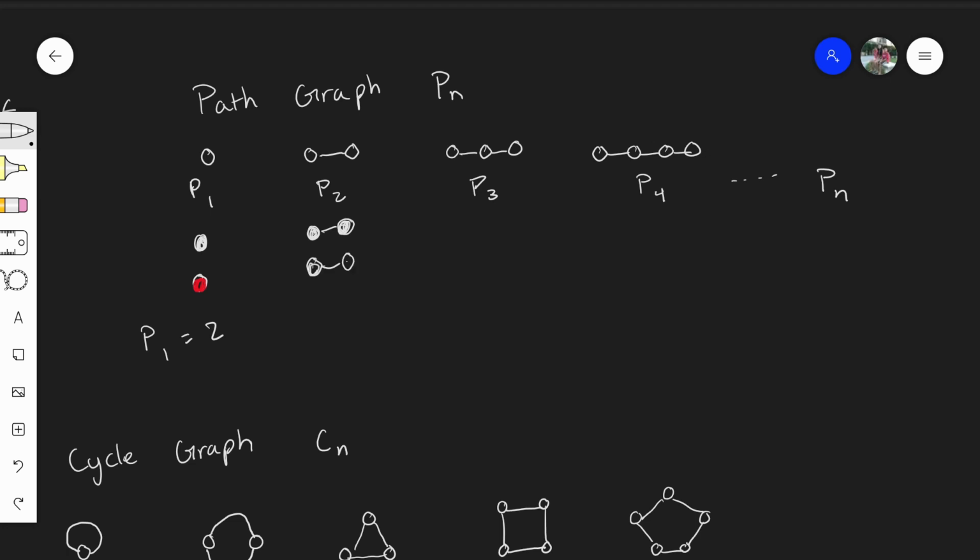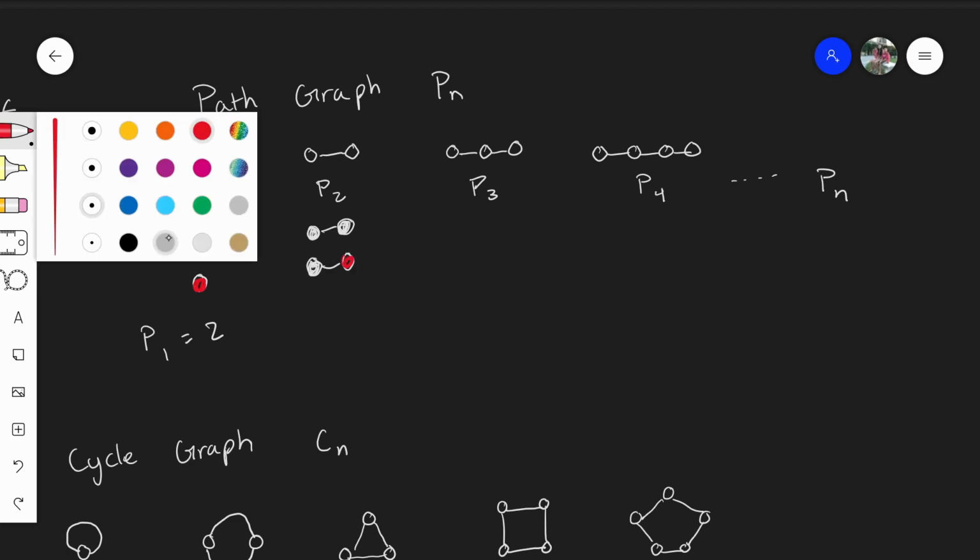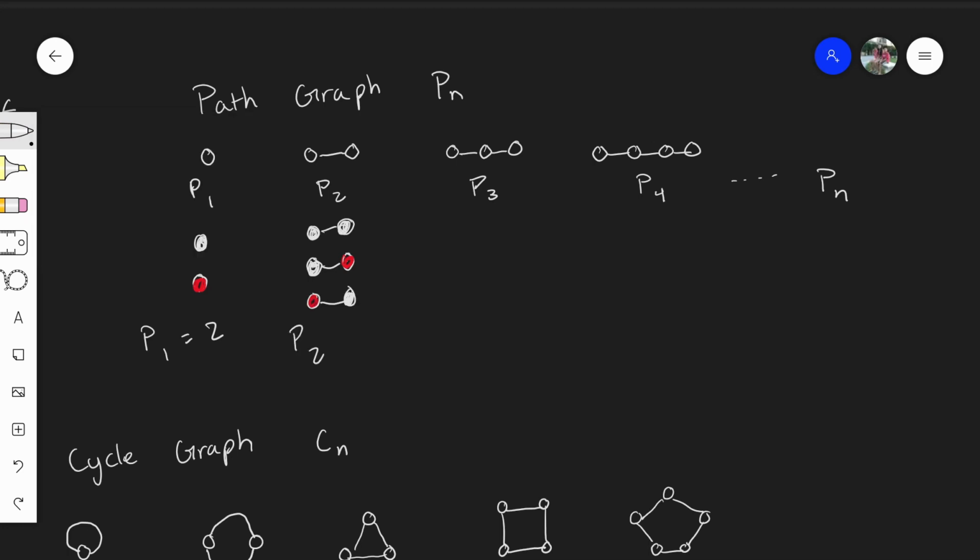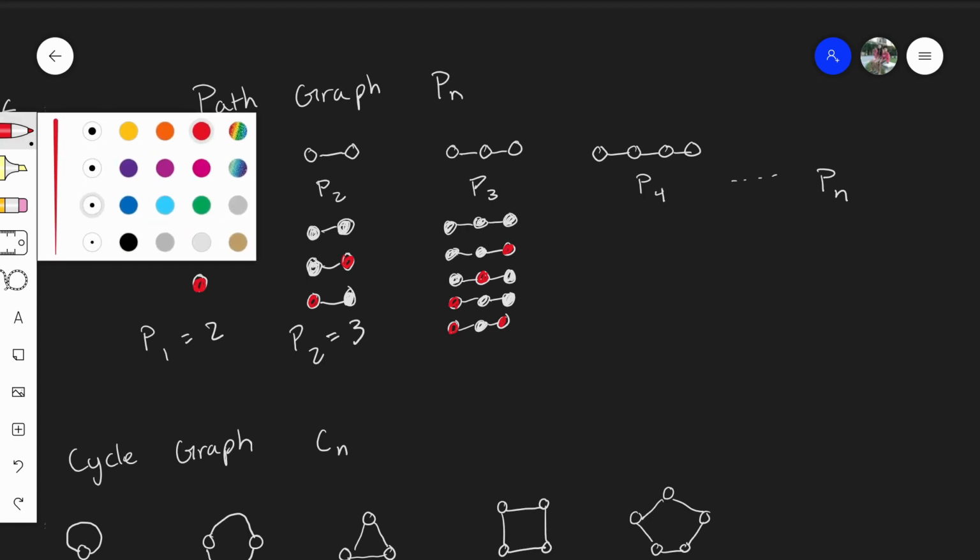One vertex that is white, while the other is red, also works, but both vertices cannot be red at the same time. So we say that P2 has three ways you can color it. And now let's look at P3. How many ways are there to color P3 and P4? Maybe take a pause. If you count it correctly, you'll notice that there are 5 ways to color P3.